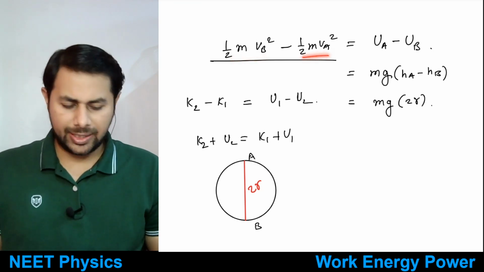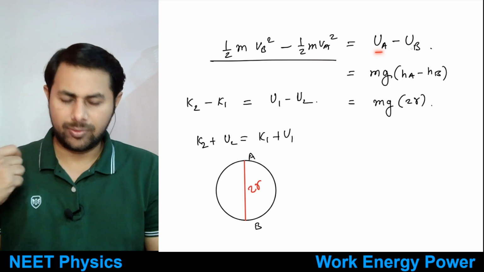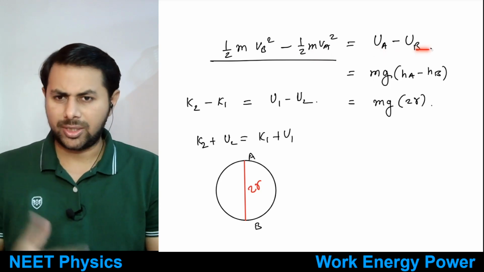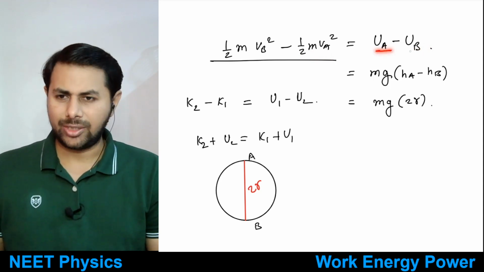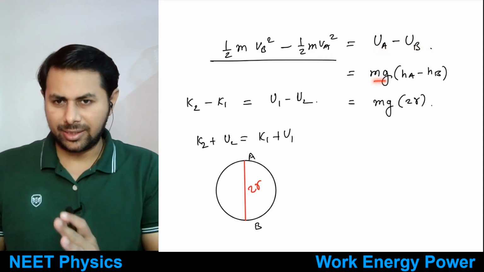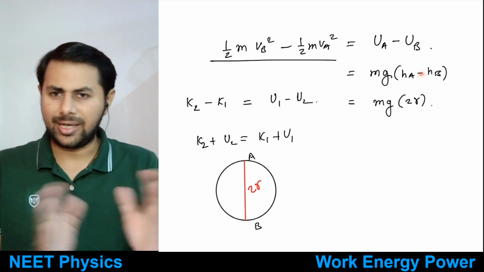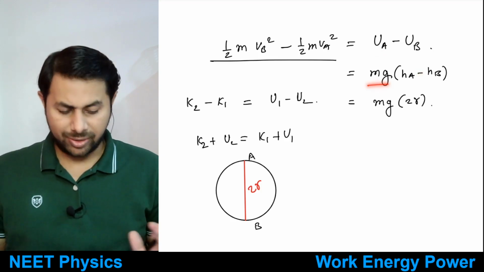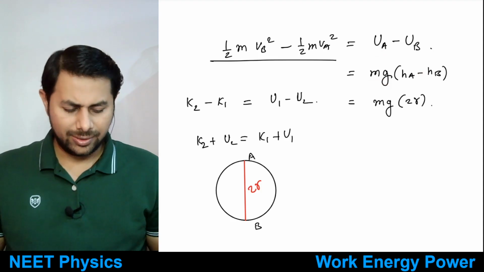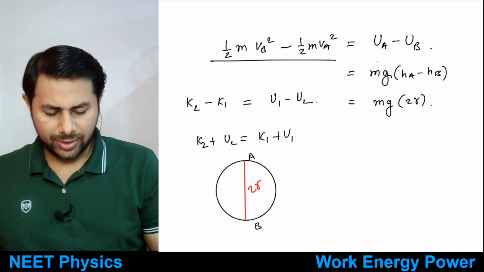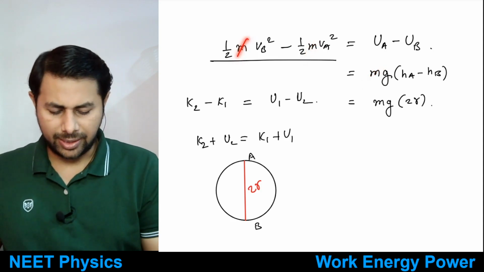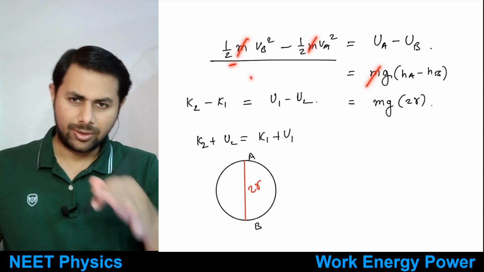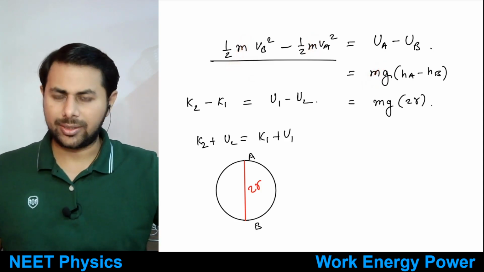Okay, so see, half of m into Vb square minus half of m into Va square is equal to potential energy at A minus potential energy at B, right? And what is potential energy? It is mg h at A minus mg h at B. So I have taken mg common. Then you can cancel out m on the left hand side and right hand side. Then you can move this 2 in the denominator to the right hand side, so it goes to the numerator.